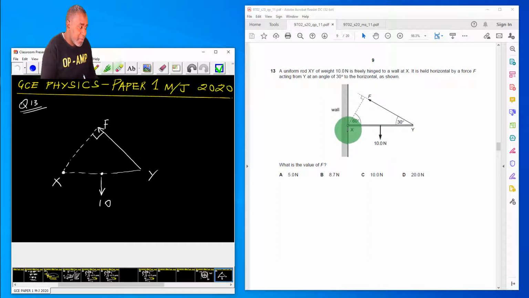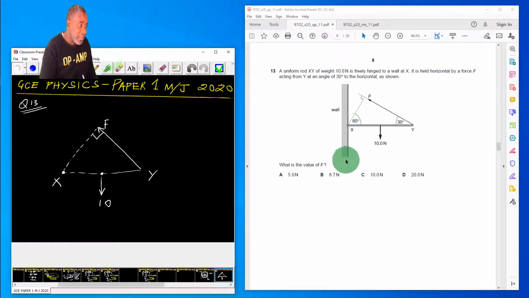So let's take a moment about point X, because we are not concerned with the forces which are acting at point X. In fact, the best way to eliminate forces which are unknown is to find that point through which they act, take moments about that point. You eliminate all those forces which you didn't know and you don't require them.